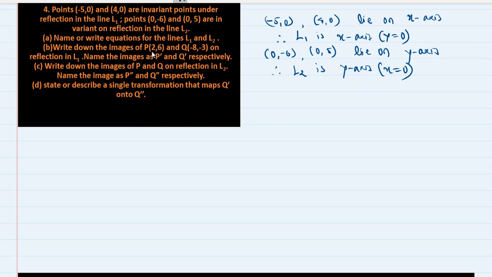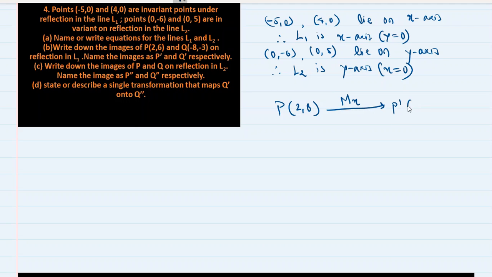Write down the images of P(2, 6) and Q(-8, -3) on reflection in L1 and name the images P dash and Q dash respectively. So P, which is (2, 6), on reflection in line L1, we can take it as Mx because L1 is the x-axis.